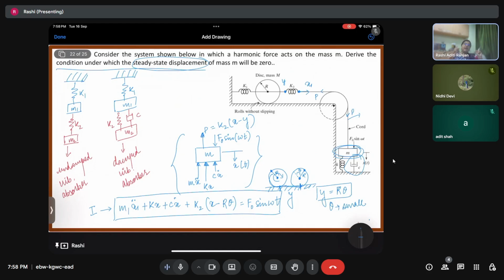But since we have a dashpot involved in the system, the dashpot is going to take away the energy which is because of the natural frequency. Okay, the free energy. Because of the natural frequency, we have the free vibrations. So that free vibration, the dashpot is going to take away with time.